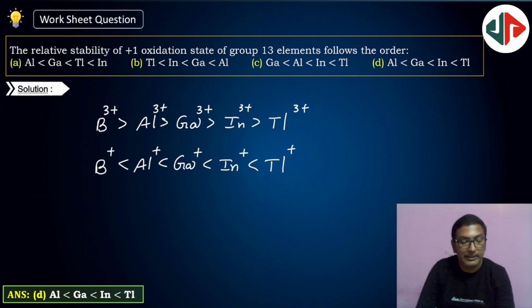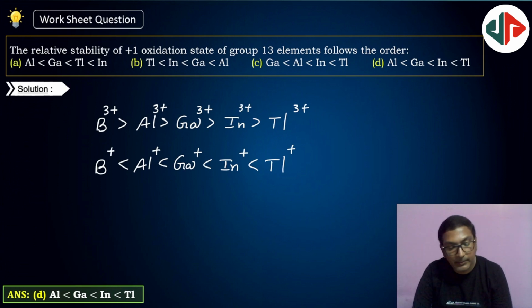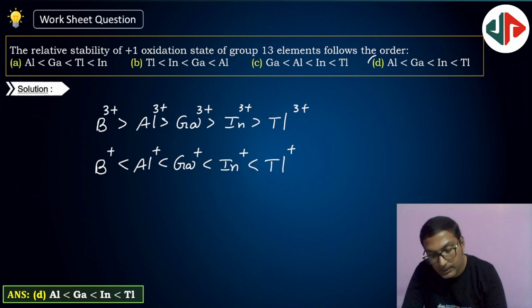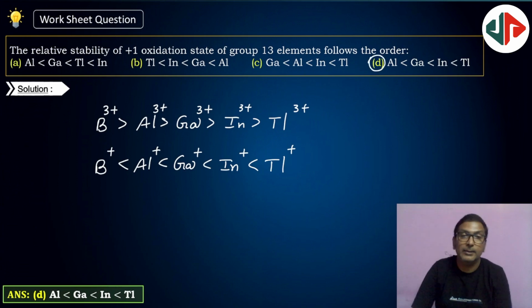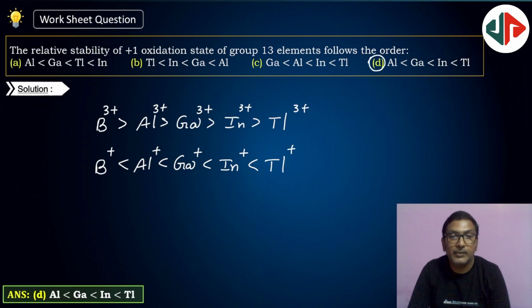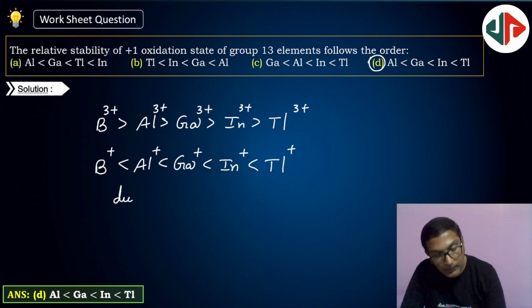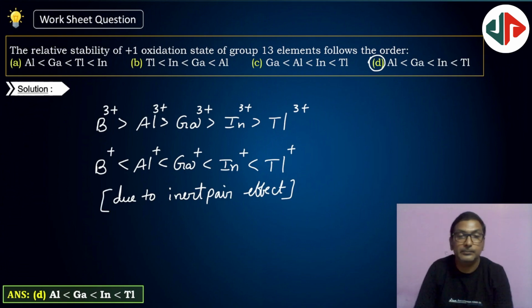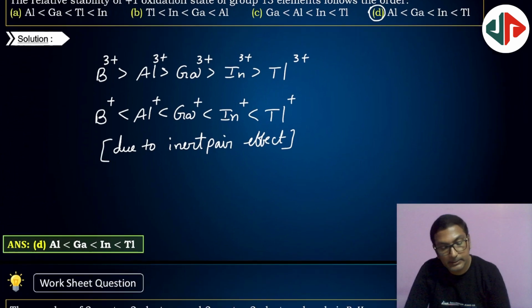Very, very important. That means aluminium, gallium, indium, thallium. Therefore, option D. Due to inert pair effect.